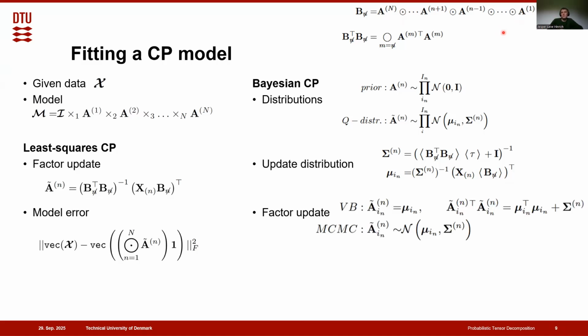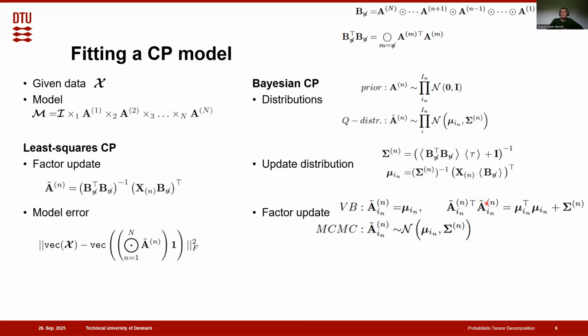So if you do variational Bayesian updates, after having updated the distributions, then you can say our estimate of the factor matrix is just the mean value. So it's like a point estimate, or you can use it that way, but it has built in the uncertainties and all the other nice things about Bayesian statistics.